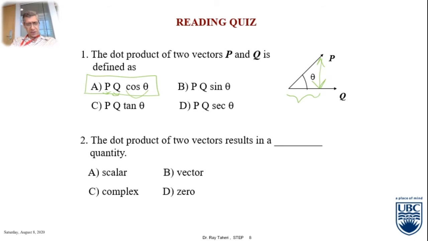Cosine of the angle is a scalar. So you multiply three scalars, and the answer would be a scalar. So the correct answer is a scalar. And this is unlike the cross product, where the answer of a cross product is a vector. In the case of a dot product, the answer is a scalar.